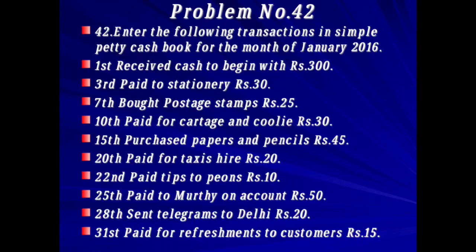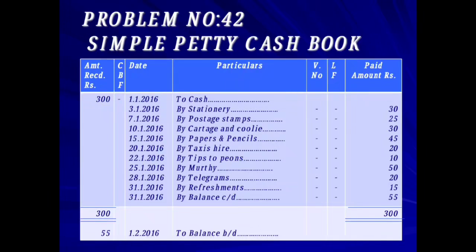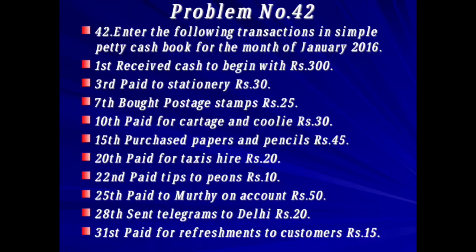The next, on the 25th, paid to Murthy on account rupees 50. We have paid the amount to Murthy, so you should mention his name: by Murthy rupees 50. Then next, on the 28th, sent telegrams to Delhi rupees 20.